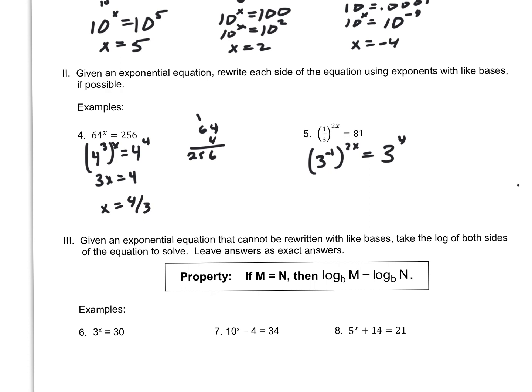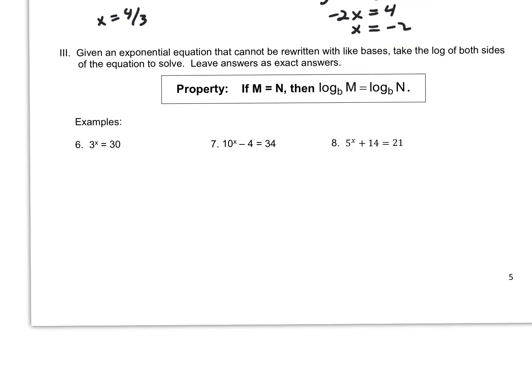So again, my exponents, 3 to the -2x equals 3 to the 4th. Since bases are the same, I can set the exponents equal and solve, so x is -2. That way I was able to flip from having a fraction to a non-fraction answer, and 3 to the 4th gave me the 81.